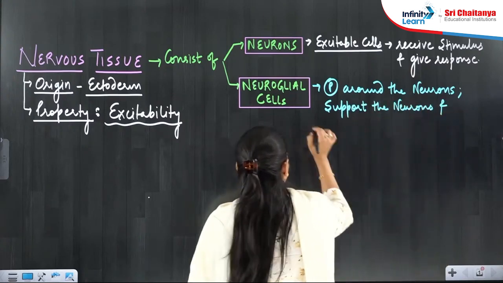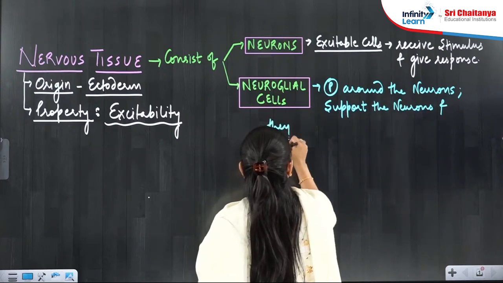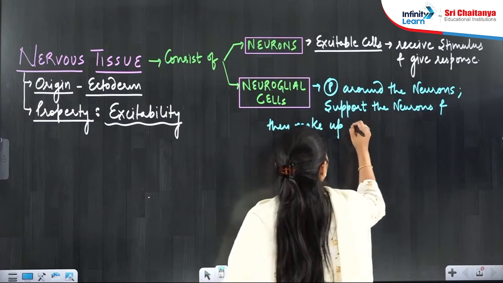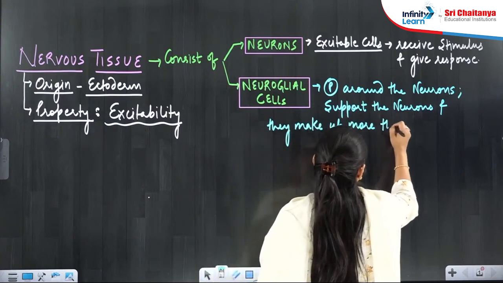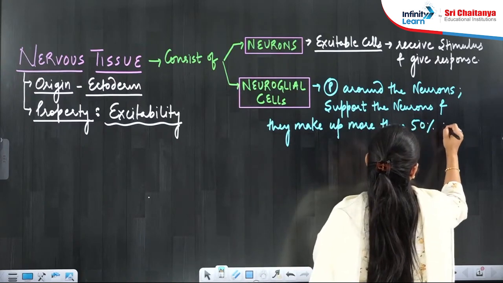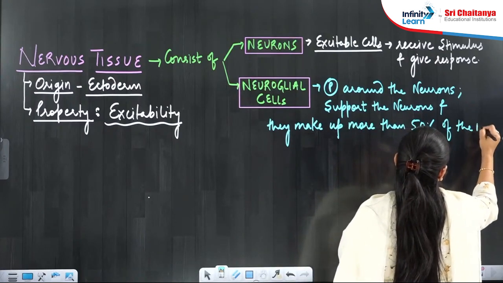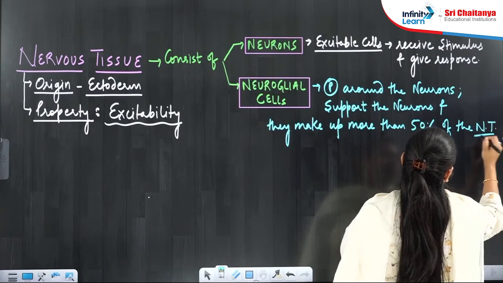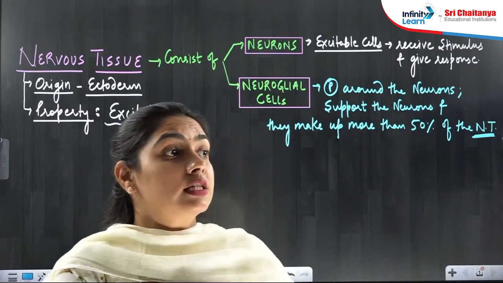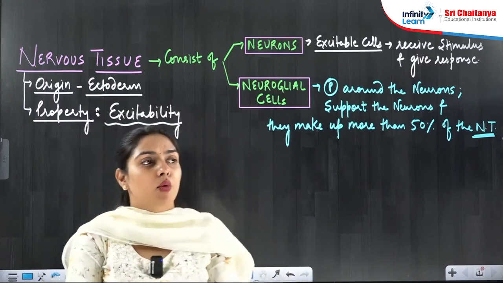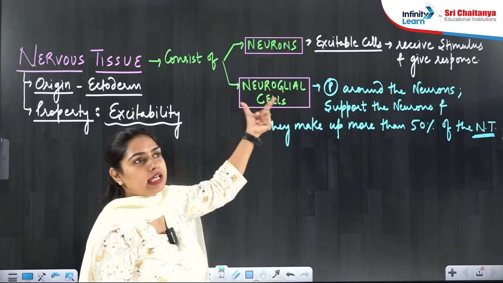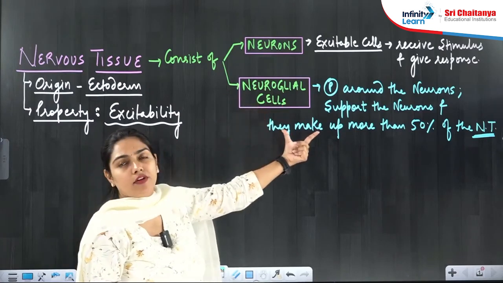And a very important line: they make up more than half of the nervous tissue. More than half of the nervous tissue is formed by neuroglial cells. Very, very important line of NCERT.